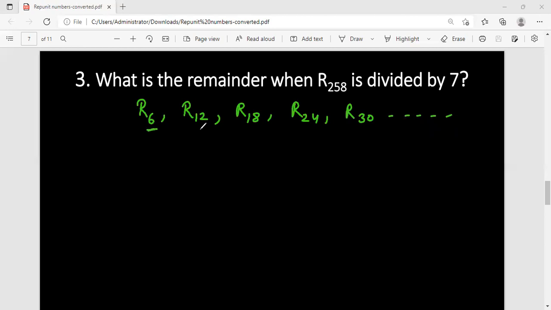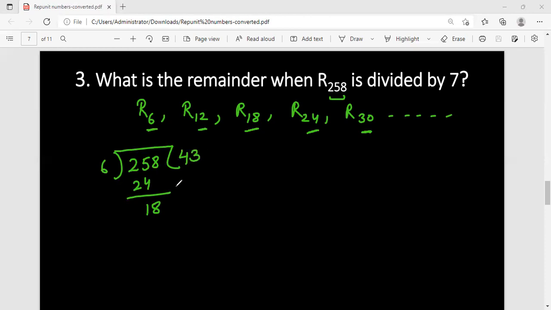Now see these numbers: 6, 12, 18, 24, 30 we have, correct? So you can see that all the things are 6 का multiple. तो यहाँ पे पहले तो जाइए, 258 को अगर मैं आपका 6 से डिवाइड करूं, 258 को आपने 6 से डिवाइड किया, 6 4s are 24, 18 we have, right?